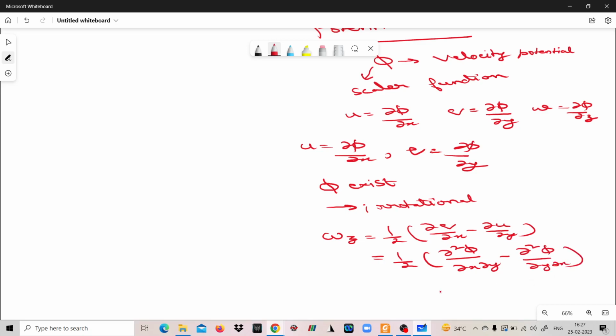Since these are continuous functions of space x and y, these two terms are equal and the difference becomes 0. So simply the existence of phi confirms that it is irrotational flow, that is, omega z is equal to 0.